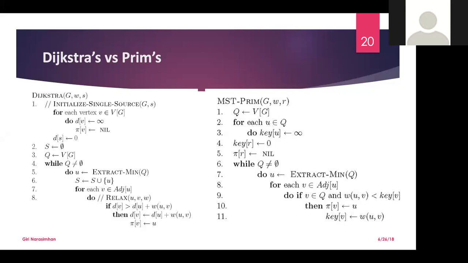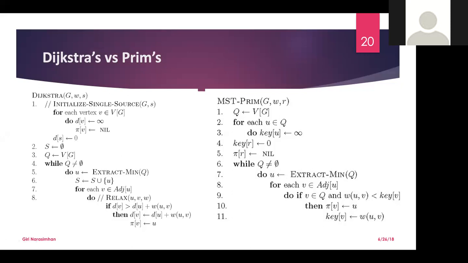You only check the weight of the last edge. So you check whether the weight of the last edge, which is uv, is smaller than whatever you've found so far. If it is better, then you connect it. Otherwise, you don't. So it's important to really understand this close relationship, because then it's easy for us to understand some variants of these algorithms.